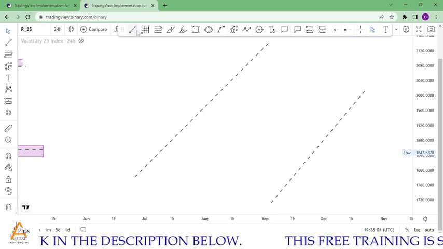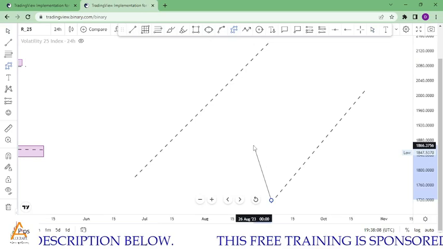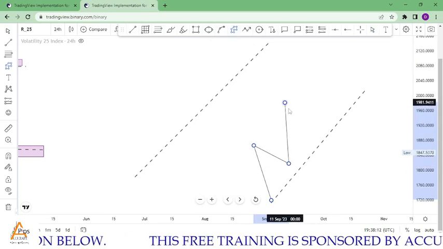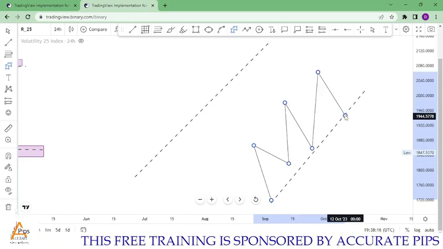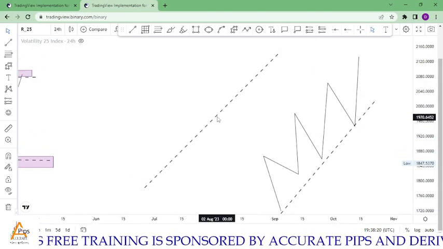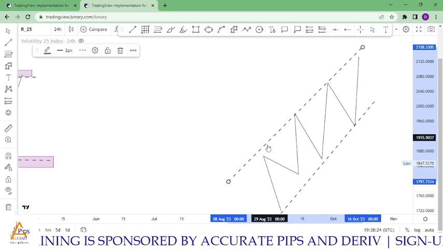This time, price is moving, forming higher high, higher low, higher high, higher low, higher high, higher low, higher high. But this time it is forming this between these two points.